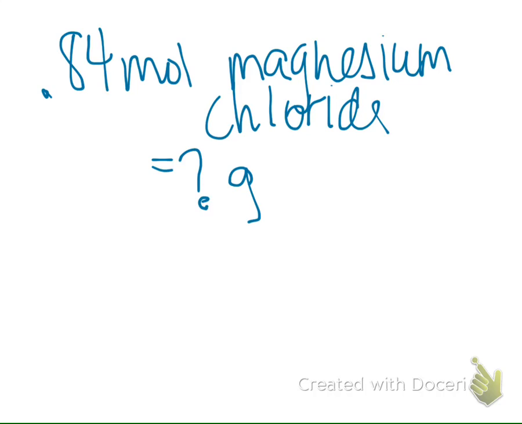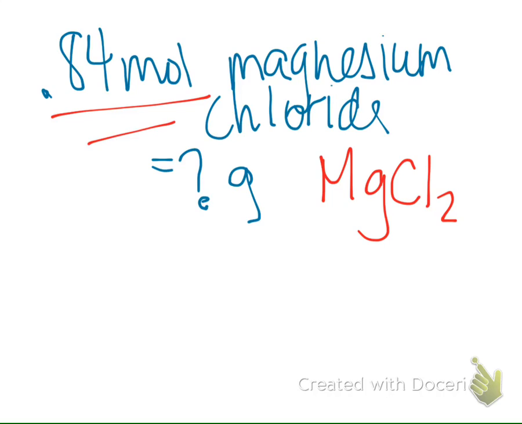So before we can do anything, we need to figure out the chemical formula for magnesium chloride. MgCl2. Yeah, exactly. Good. Because magnesium is +2, chloride is -1. We cross down our charges, we make our compound. That's it. MgCl2.